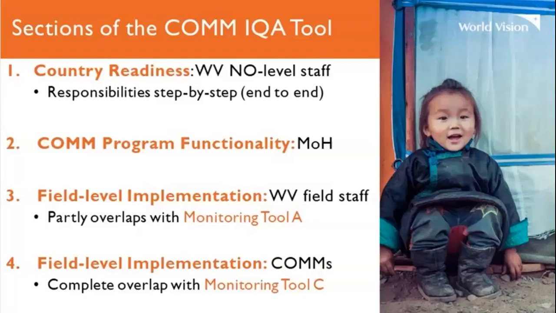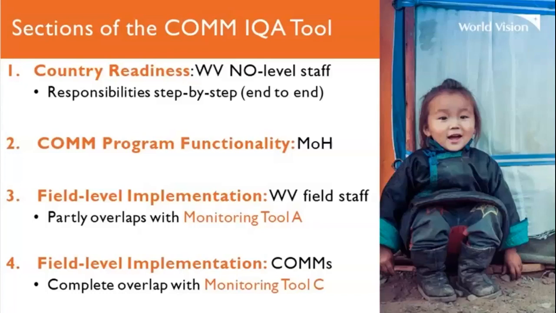And in the case of community management of acute malnutrition, much of this preparation or MOH engagement really happens down at the program level, at the clinic level. There's less that's involved in terms of national level program setup. So just to perhaps explain why this country readiness tab is so important in the cases of COMM and TTC versus how that's different for CMAM and PD Hearth.